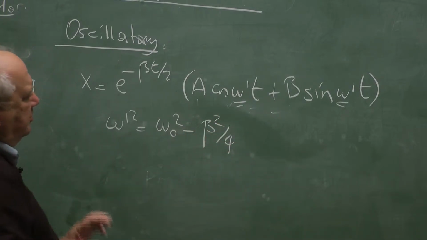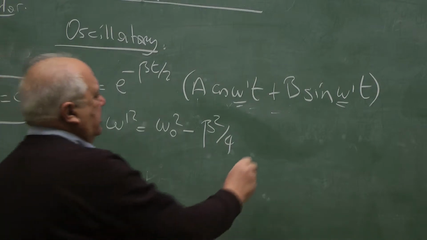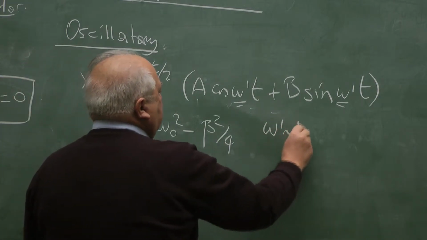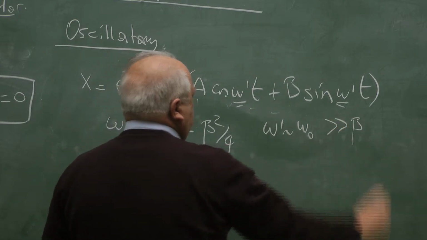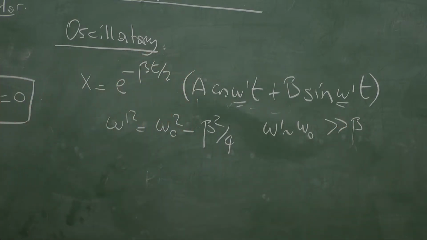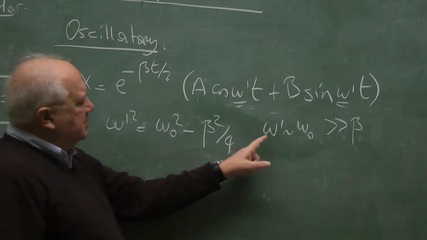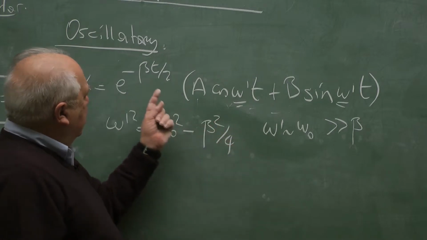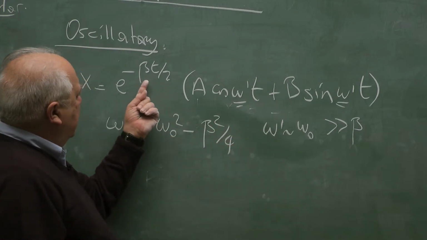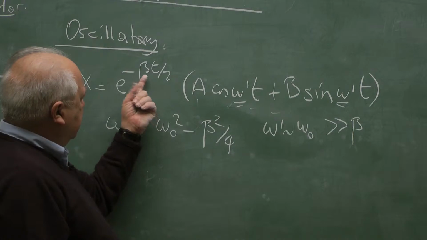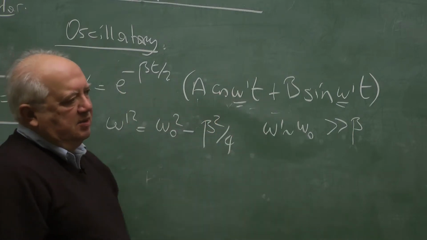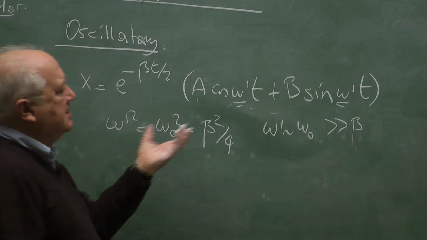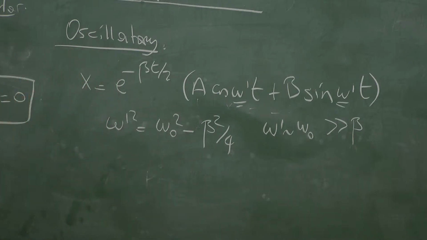And we shall mostly work in this limit, that omega prime is like omega 0, and they are both much larger than beta. Okay? So, for example, this means that before this exponential decay factor changes appreciably, this thing still oscillates many times. So in that sense, it is a good oscillator which is damped.